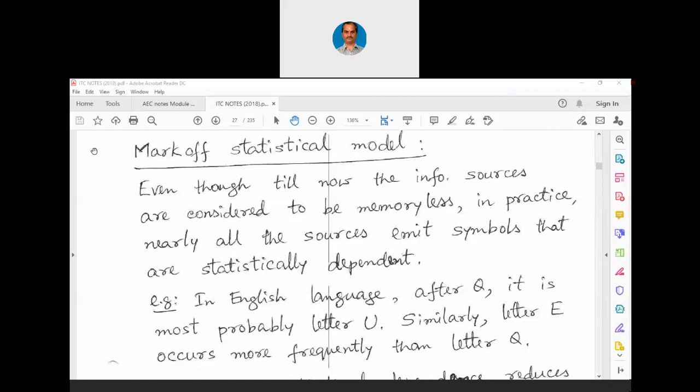In the beginning, we learned about what is information and what is knowledge, and later on, the relationship between the information and the probability. Later on, the properties of self information, that always this information is logarithmic in nature. And then later on, we defined something called entropy.